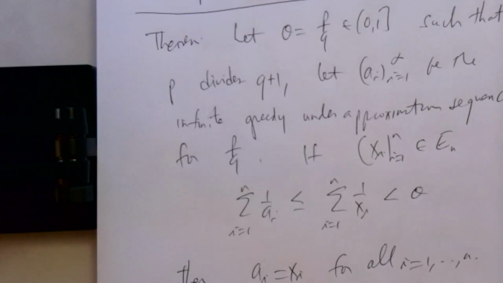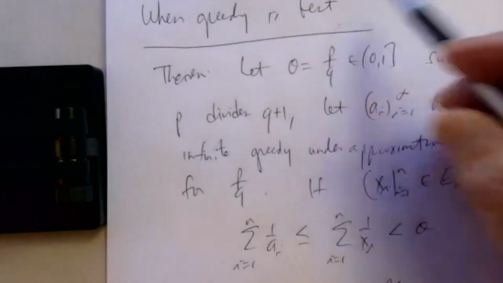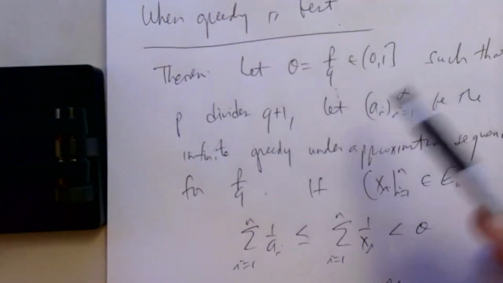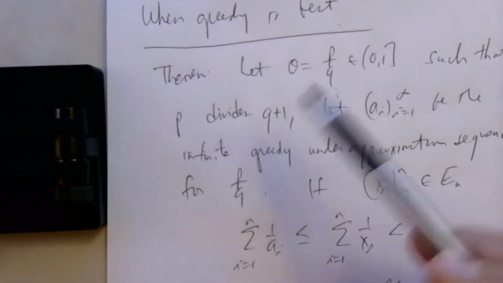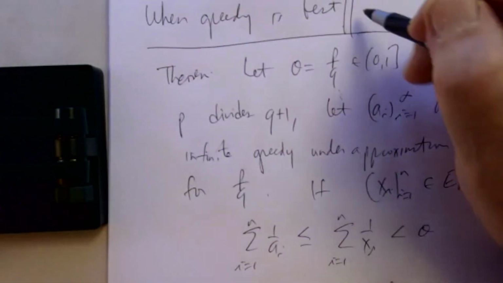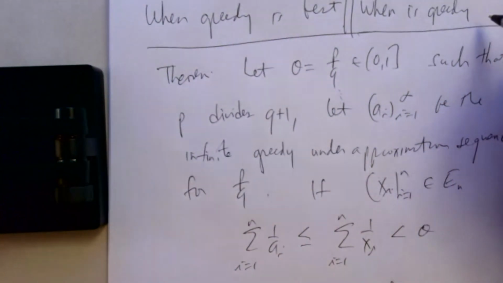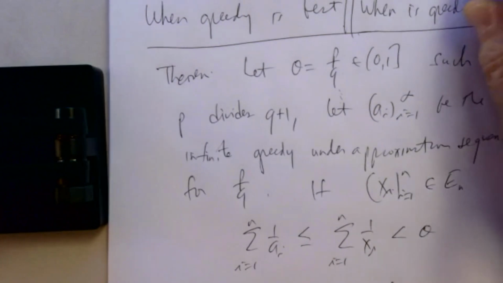But we know that's not always the case because I gave some examples of numbers for which the best under approximation is not the greedy algorithm one. So when greedy algorithm is best, well, it's best for numbers of this form, p over q, where p divides q plus 1. And so the next question you want to ask is, when is greedy best?